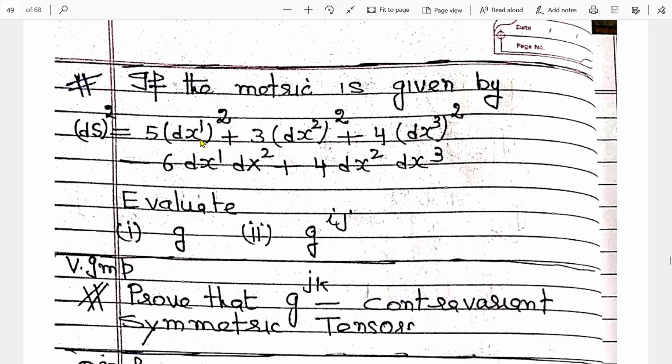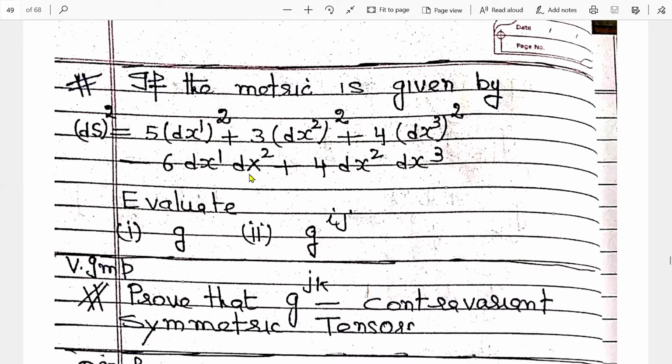Now in general, I repeat, this is G11, 5. This is G22, a diagonal entry, and this is G33. Now here, remember, it is first row, second column, so this term includes G12. Also, it includes G21.